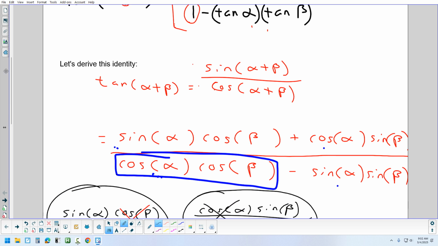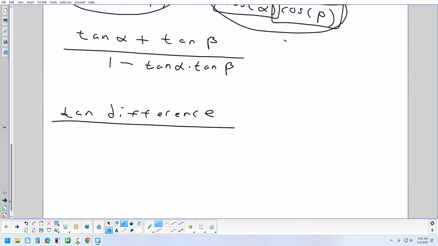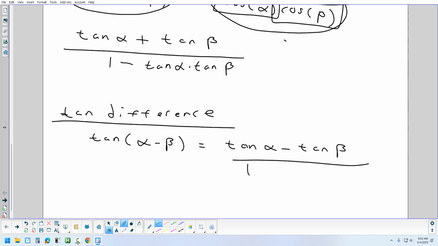You would have a minus and a minus, and because the top one is a minus, it would cause that to be a minus, and because the bottom one is a minus, it would cause that to be a plus. Okay, that's all that would change. Everything else would work out exactly the same. Okay, so tangent of a difference, tangent of alpha minus beta, is tan alpha minus tan beta over 1 plus tan alpha tan beta.